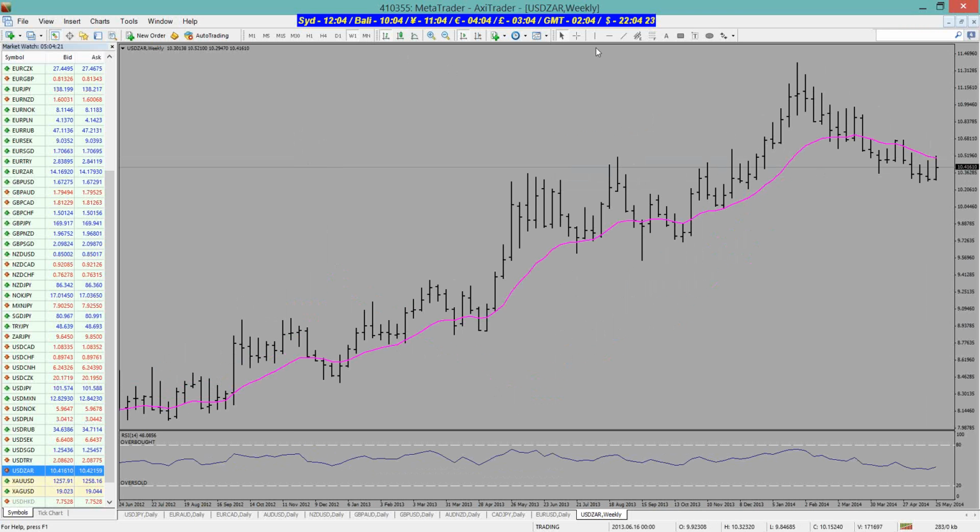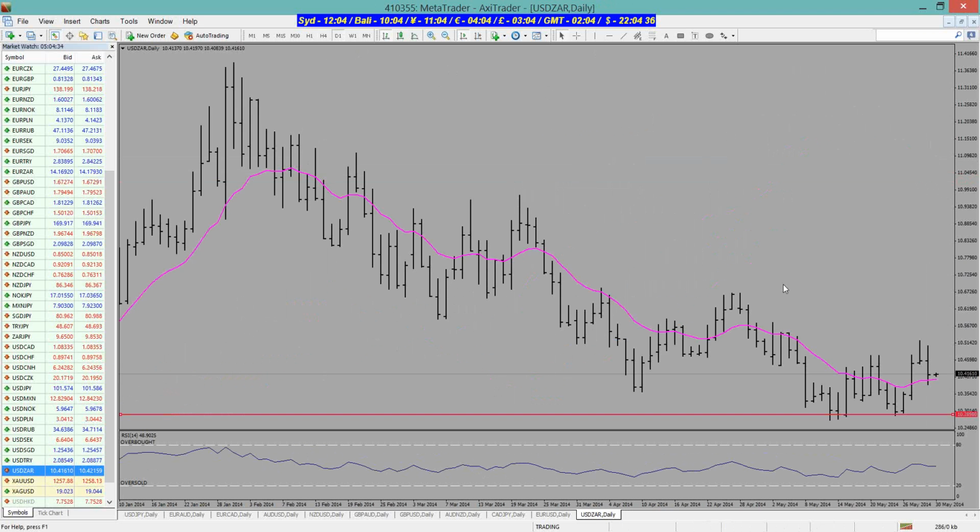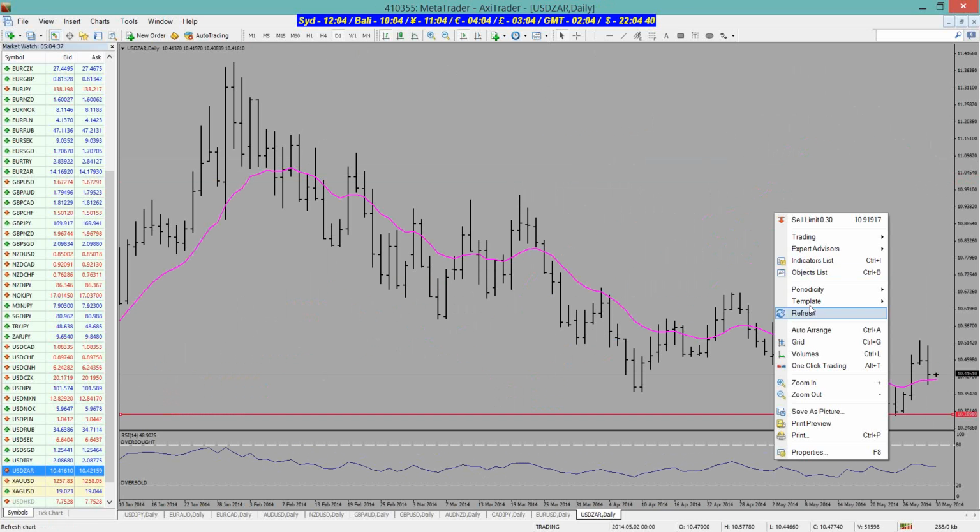Quite a large support there, across here, whatever that is at 10.2. And we've got that double bottom off that as well. So that's my point of concern on this one, mate.